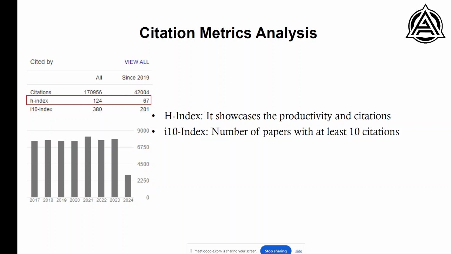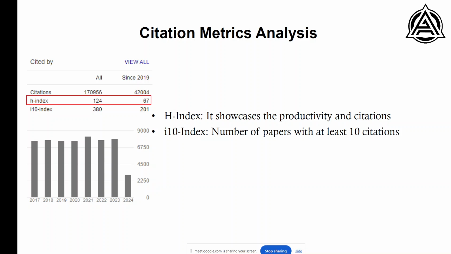Let me give you one more example. Let's say you are publishing 10 papers. Please listen carefully. Out of 10, some 7 papers receive an equal number of citations, let's say 8.